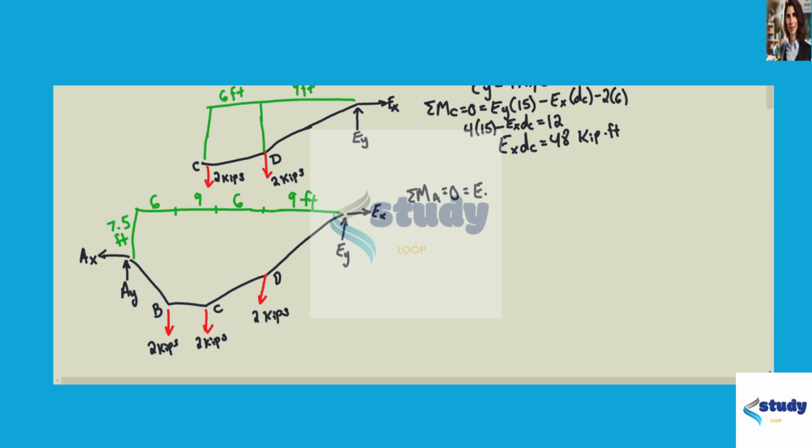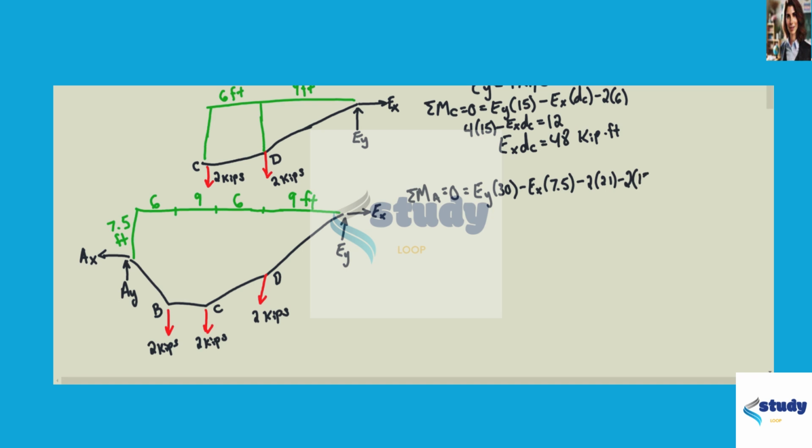This will equal Ey times 30, because there are 30 feet in the horizontal direction between A and E, minus Ex times 7.5, because the vertical distance between A and E is 7.5 feet, minus 2 times 21. This is the force at D. It creates a negative moment around A because it is in the clockwise direction. It's times 21 because there are 21 feet in the horizontal direction between A and D.